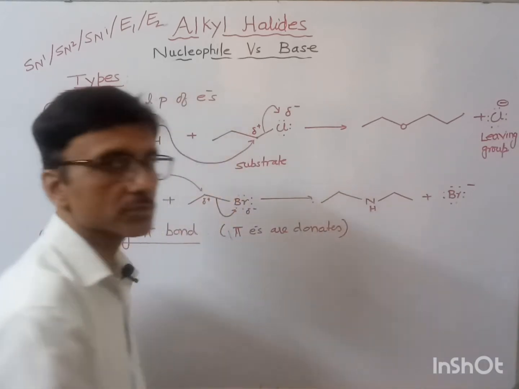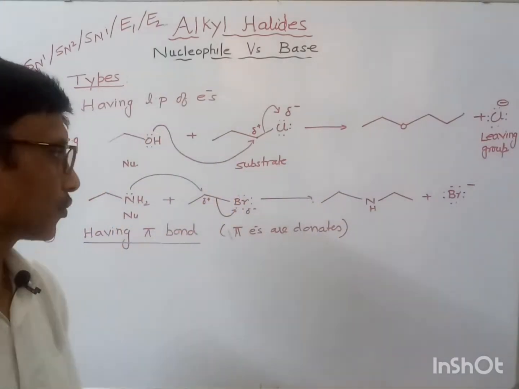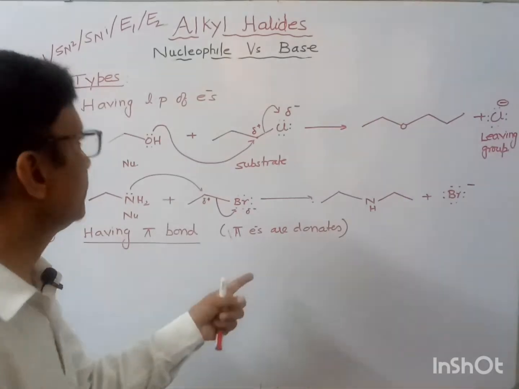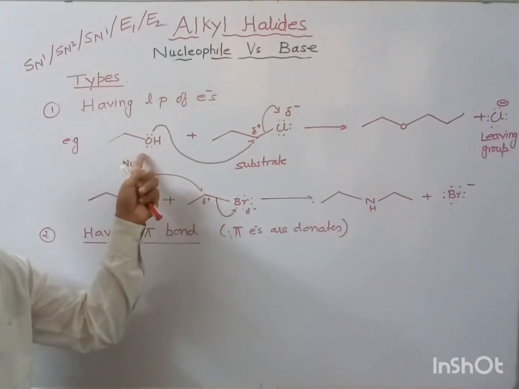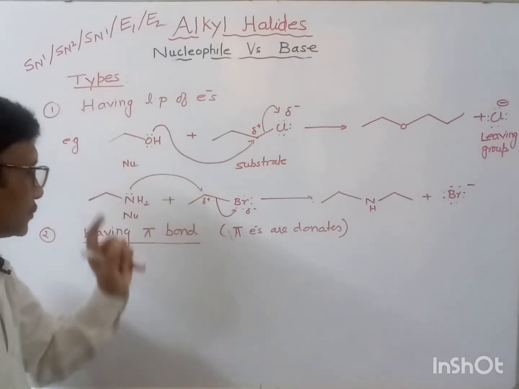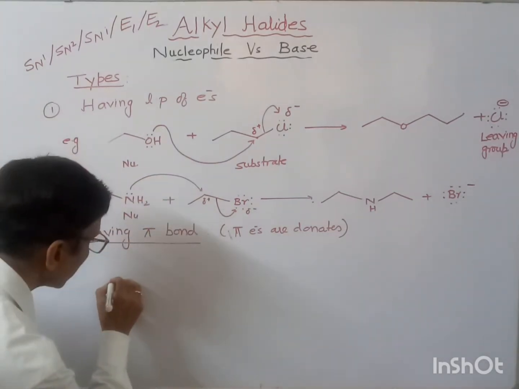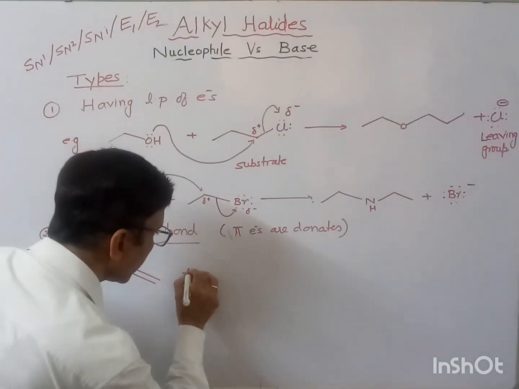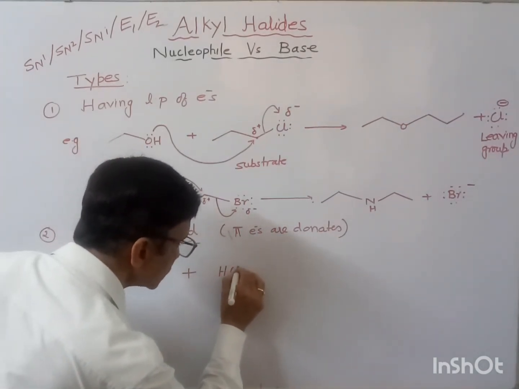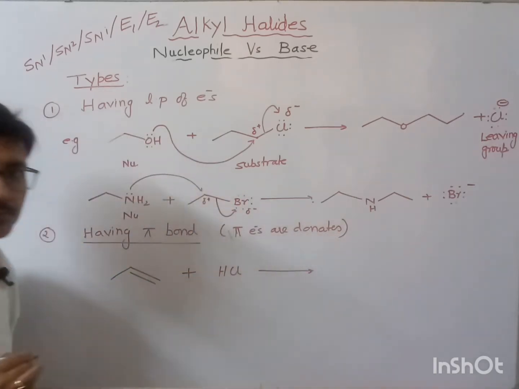As the pi electrons are loosely held, they can easily be donated in comparison to the lone pair which is present on the oxygen. Suppose I have an example, propene. This is propene, and if it reacts with HCl, then what will happen?